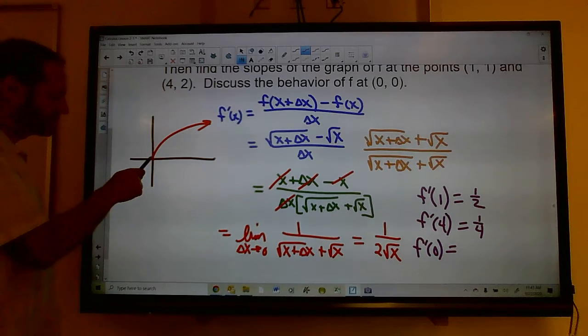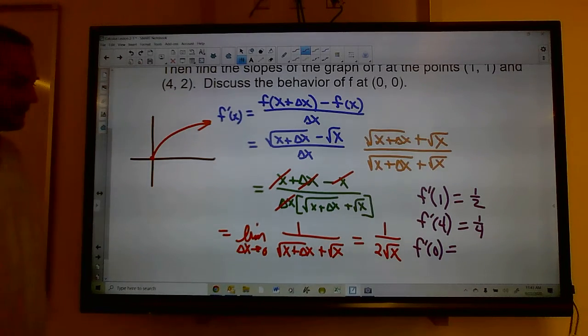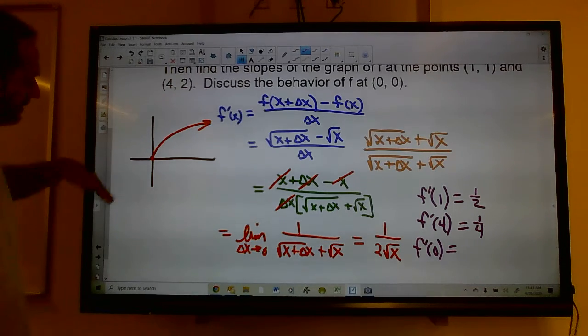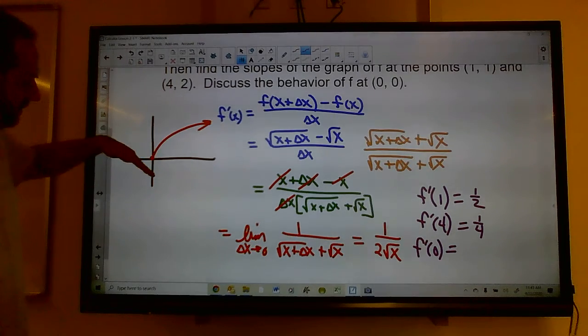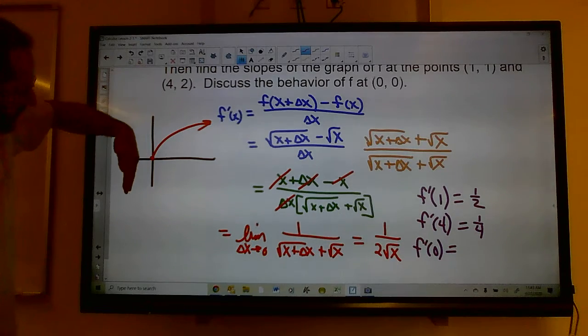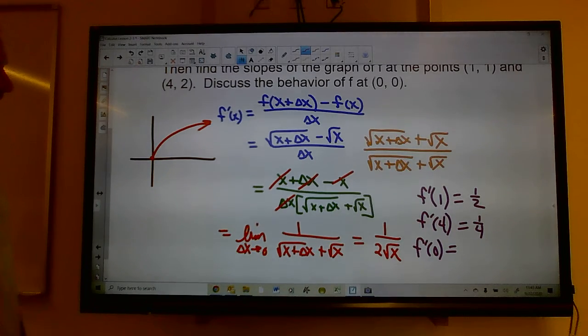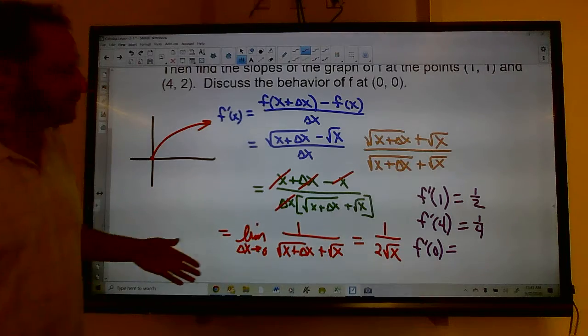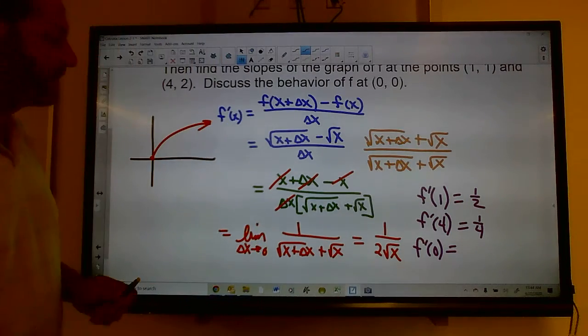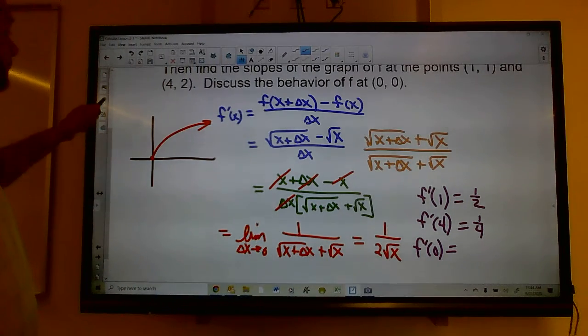At 0, this thing ends right there. It doesn't really have a slope there. You could put a tangent line through there any way you wanted, down this way. And so there is no slope at 0.